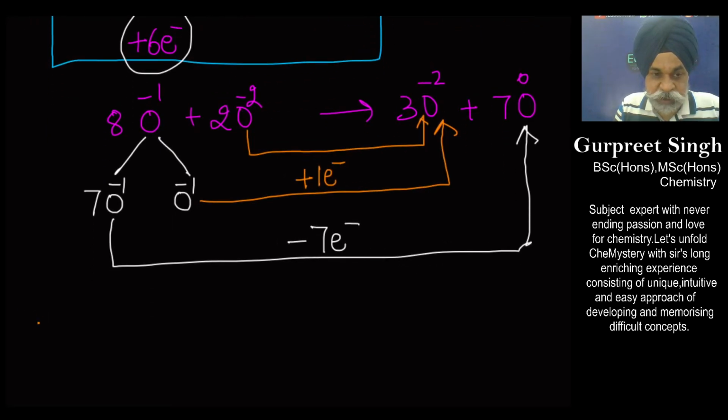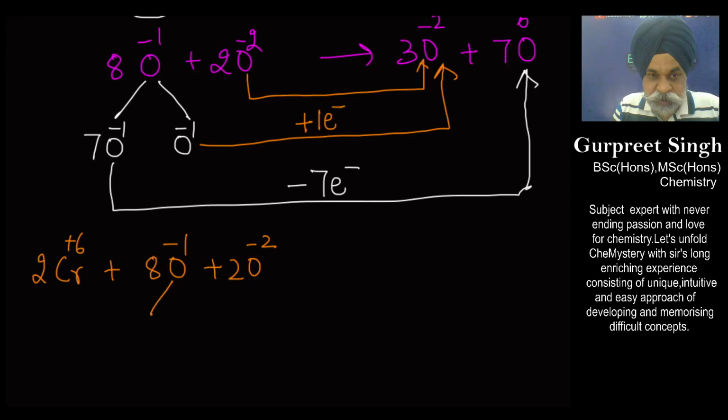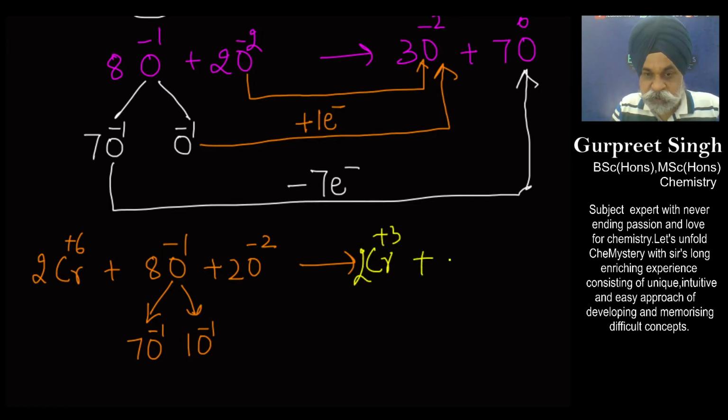We had 2 chromiums of 6+, 8 oxygens of -1 and 2 oxygens of -2. And if I break it up like this, these two peroxide linkage oxygens are doing a trick here: 7 oxygens -1, 1 oxygen -1. So it went to chromium 3+, 3 oxygens -2 and 7 oxygens 0.